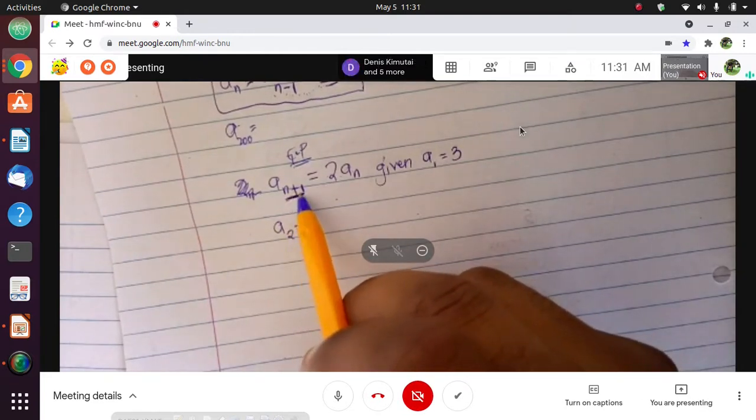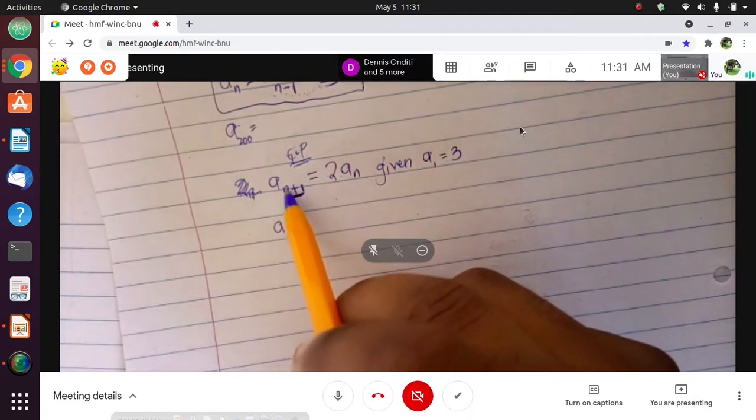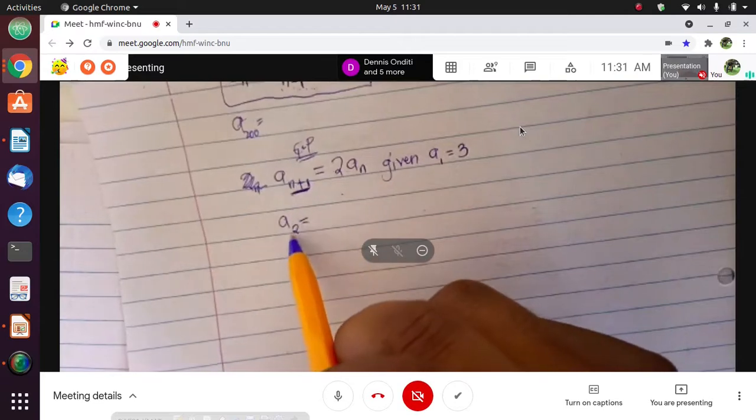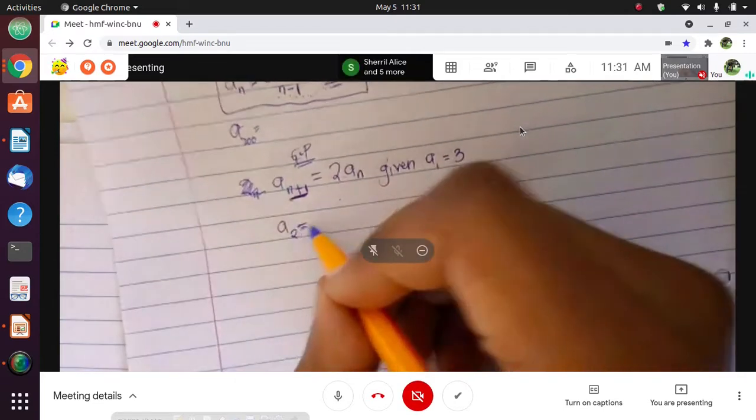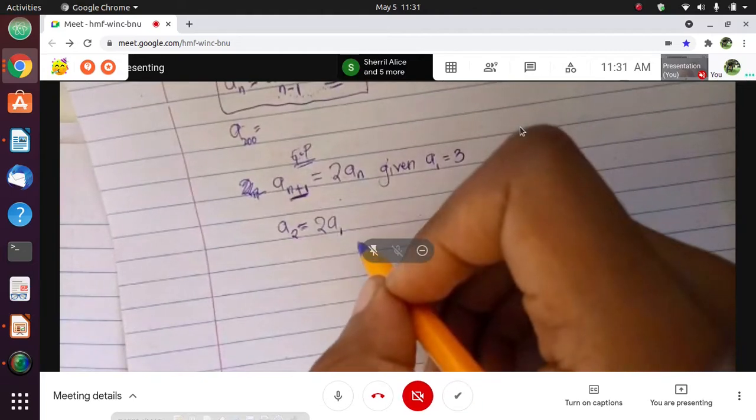We have taken n to be 1, so the value here will be 1 to give us that a2 will be equal to 2 a1.